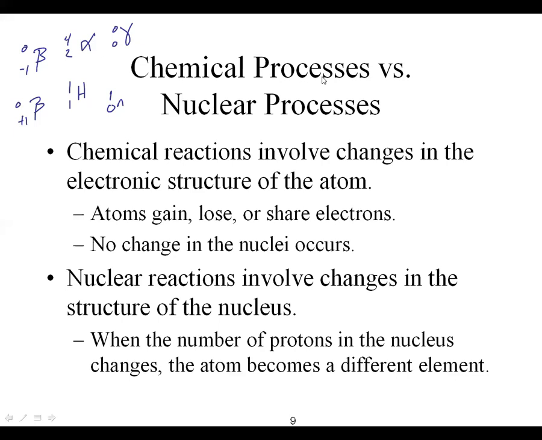In one, you're really just changing electrons, not transforming an element into something new. In a nuclear reaction, you are transforming an element into a new element, and obviously a tremendous amount of energy is required for those processes.